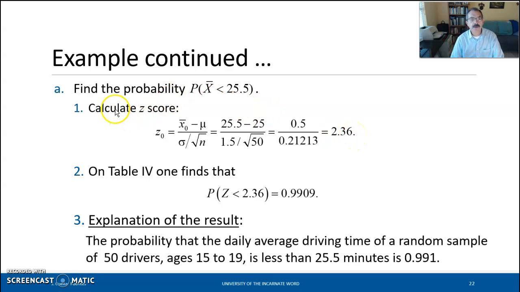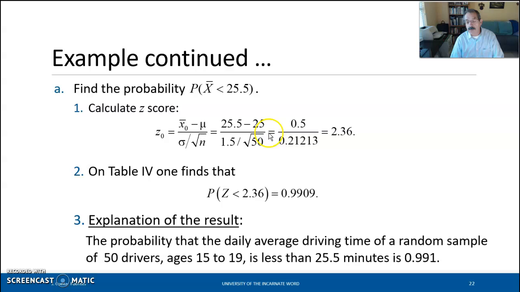They ask us to find the probability that the average is less than 25.5. As we did in chapter 6, the first step is to calculate the z-score. In this case, we take the average, which is 25.5, subtract the mean of the population that we know is 25, and divide by the standard deviation, which is 1.5, divided by the square root of the sample size, which is 50.